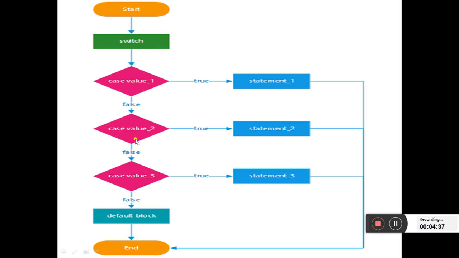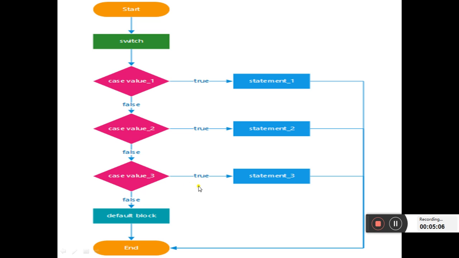If case 2 matches the expression provided by you, then it will return true, and the statement 2 block will get executed. Then it will give a break here and end the program. But if it doesn't match, then it will return false and go and check the case 3 value.